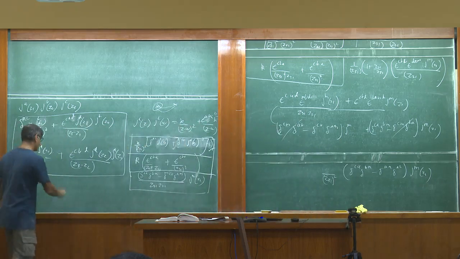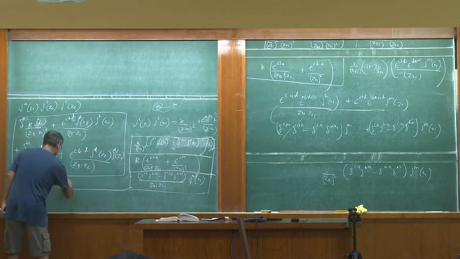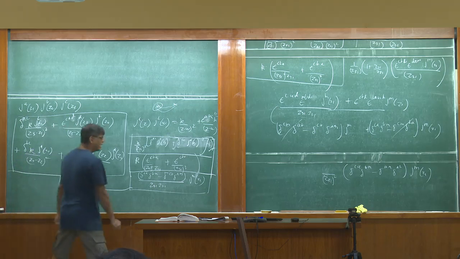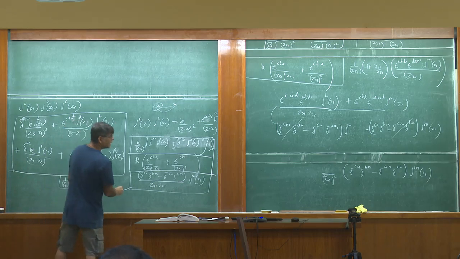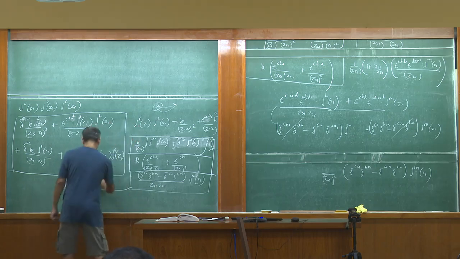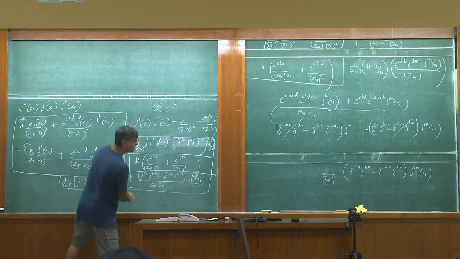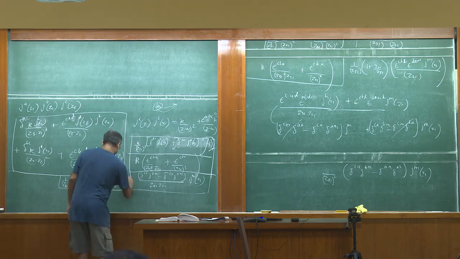Anyway, so we will also get plus 1 over Z31 the whole thing squared, times delta CA delta BM plus delta AM delta CB, times JM of Z1.